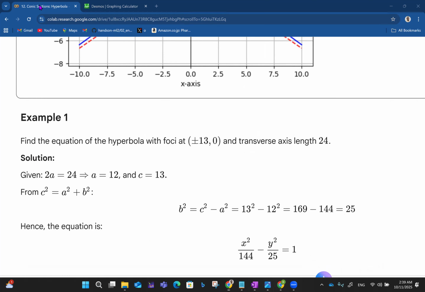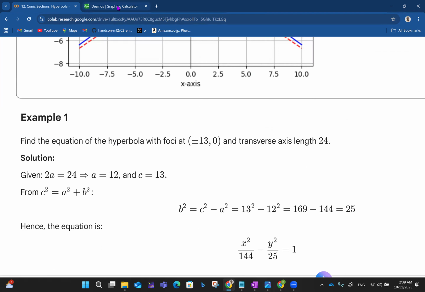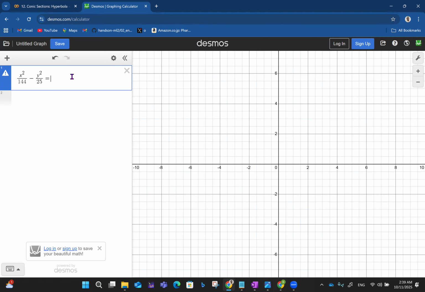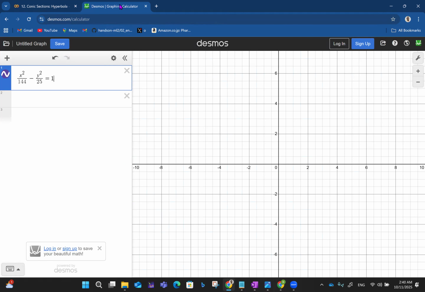Okay, let's see that using Desmos. x raised to the power 2 divided by 144 minus y raised to the power 2 divided by 25, all of that is equal to 1. Something wrong?